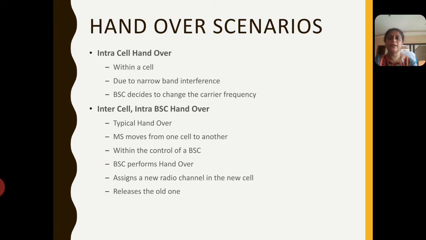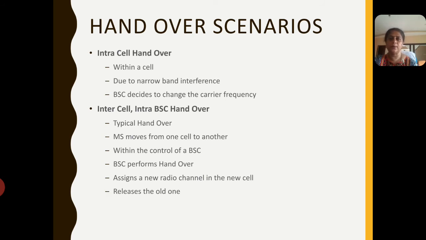The second one is the typical handover, which is the inter-cell and intra-BSC handover. Inter-cell means that the mobile station moves out from one cell to another cell, but it remains under the control of a single base station controller, while changing its BTS from one to another.